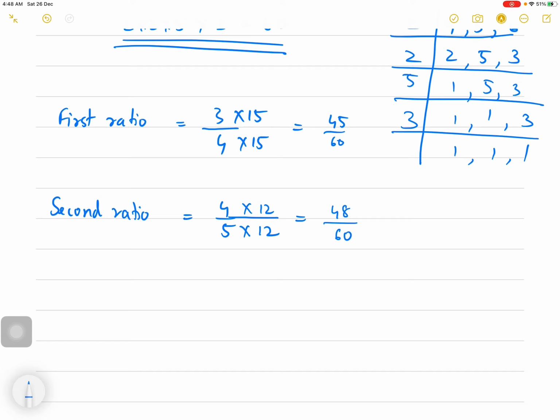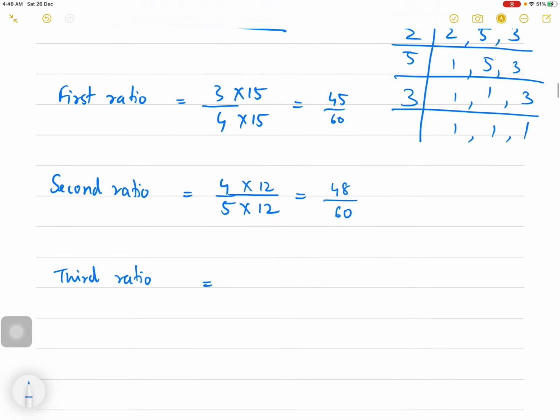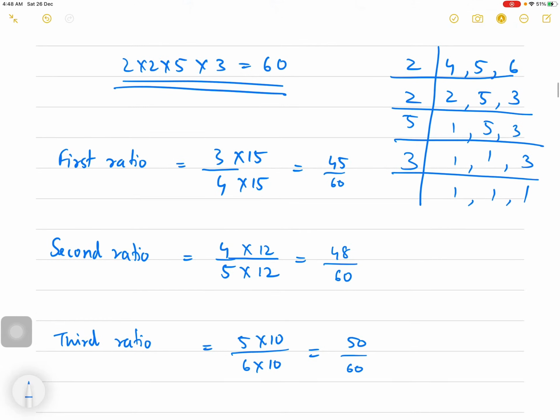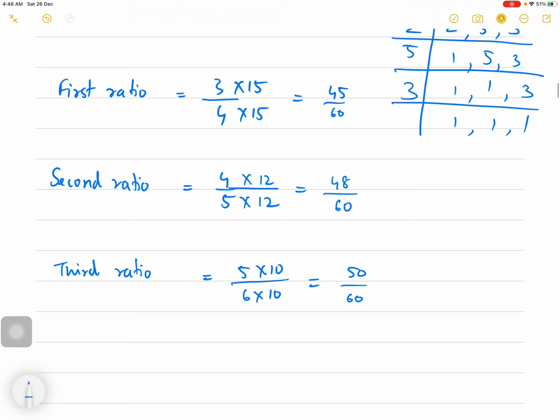Okay, now third ratio. Third ratio is 5 by 6. So to make the denominator 60, I have to multiply by 10, right? So 5 into 10, 50 by 60. So now the denominators are same, correct? So the order, I have to write it in descending order.